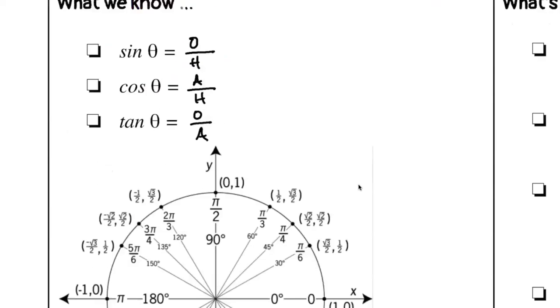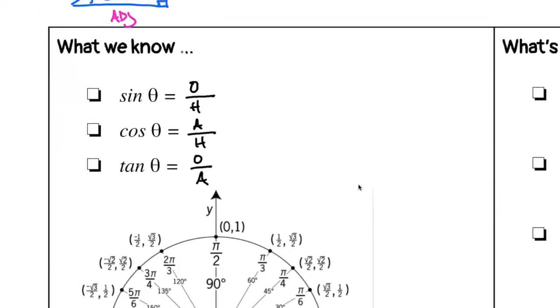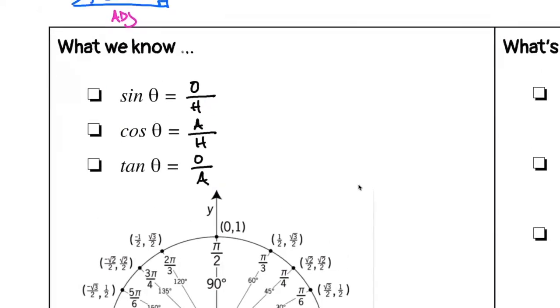But if we peek below here, we notice that we have a unit circle, right? Our best friend in any trig course is knowing all the values of this unit circle. And if we were to apply sine, cosine, and tangent to the unit circle, that might change the way that we represent them, right? So what would we say for tangent of theta if we're looking at the unit circle?